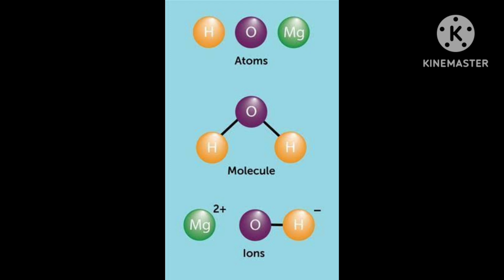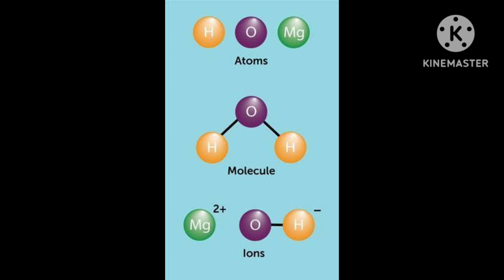Micro is equal to 10 to the power minus 6. Nano is equal to 10 to the power minus 9. Pico is equal to 10 to the power minus 12. And femto, it is uncommon, is equal to 10 to the power minus 15.